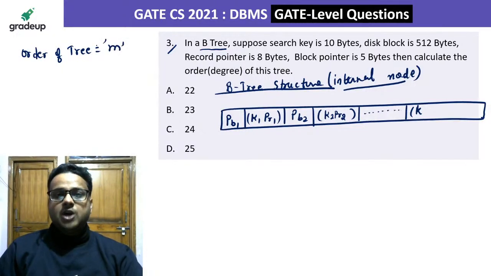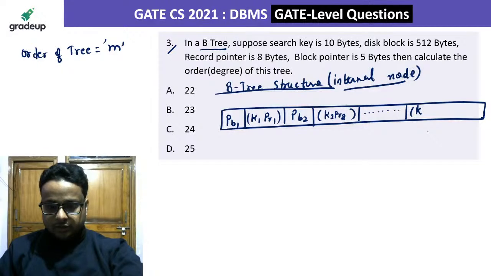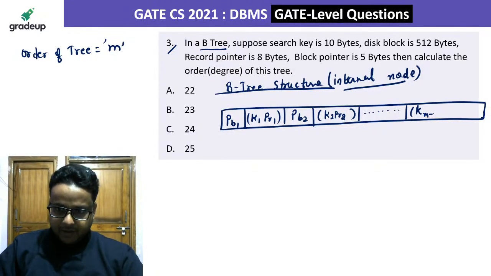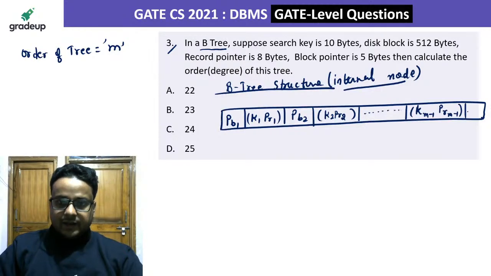So if m is the order, then I will be having k(m-1) and record pointer (m-1), and at the end we will be having one block pointer, which I call pbm, right?